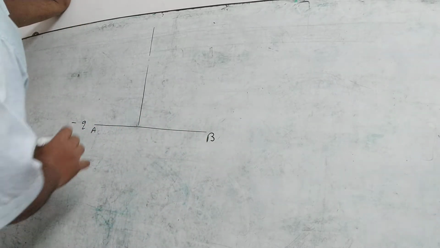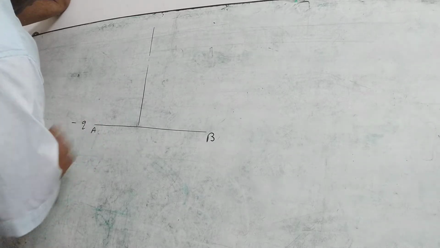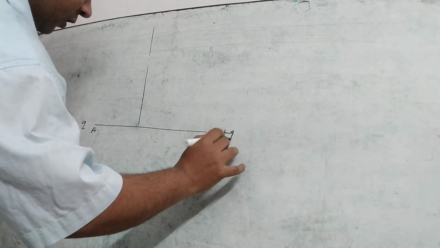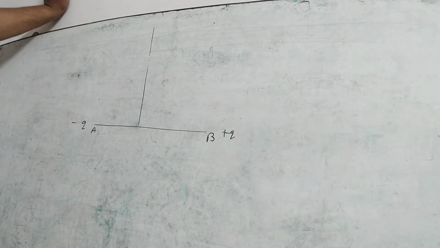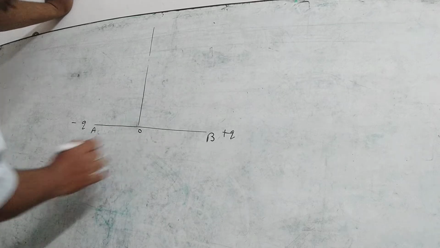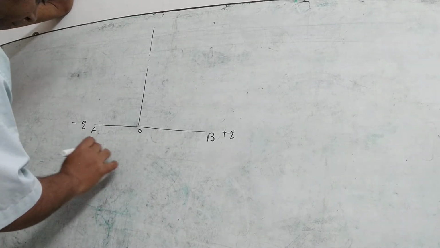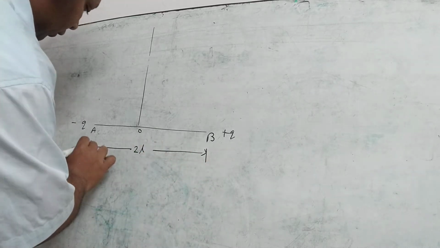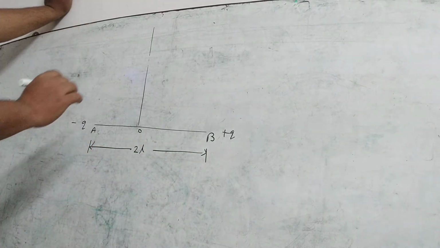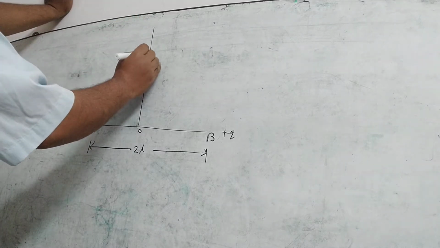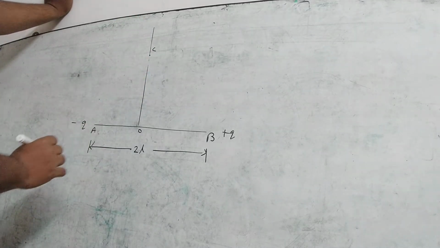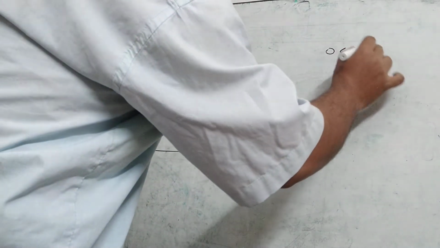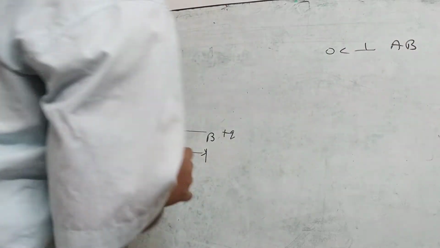A minus q point charge is placed at the point A, and plus q another charge is placed at the point B. O be the midpoint of AB and 2L be the distance between A and B. OC is perpendicular to AB.